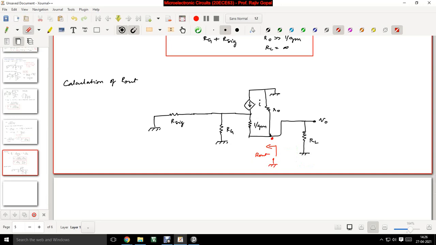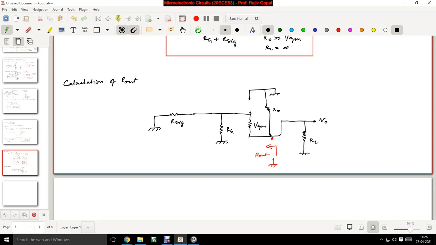Another thing I want to mention: since we are calculating R out, I don't need this I also. Remember, you should not have any sources in your circuit whenever you are measuring output impedance. So this I is also gone. It is open circuit.